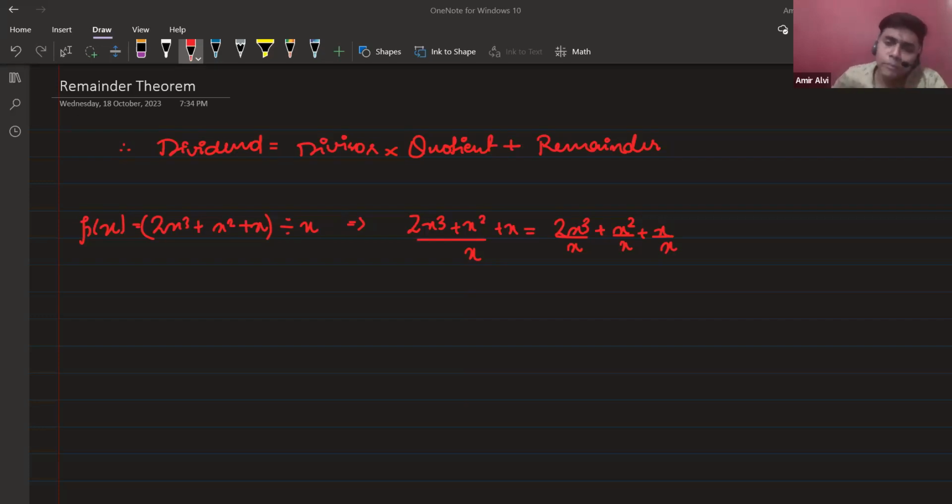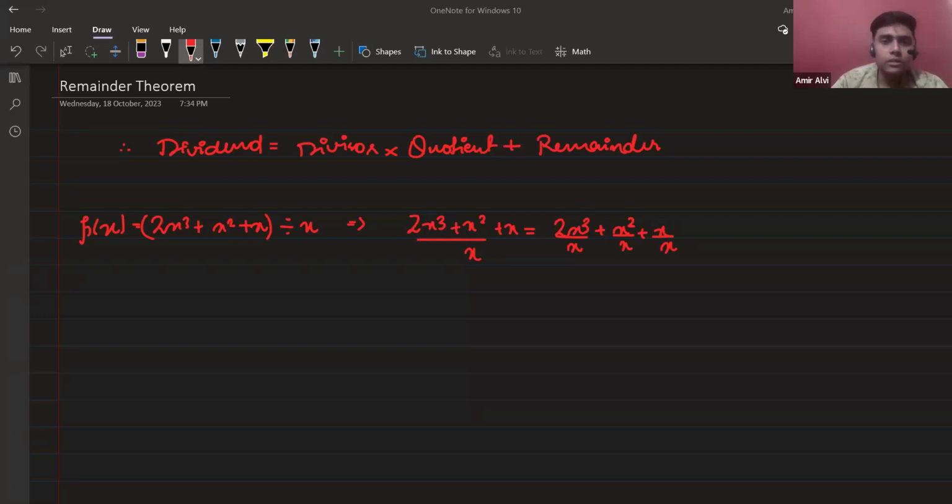In the remainder theorem, we have to identify whether the polynomial by which we are dividing is a factor or not. Clear? Any doubt? Okay.